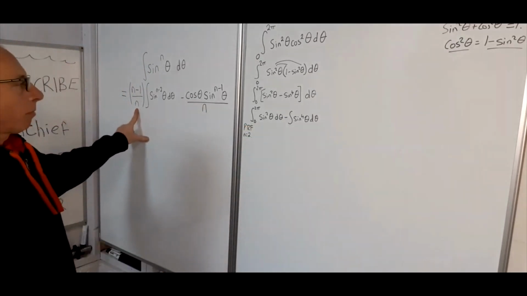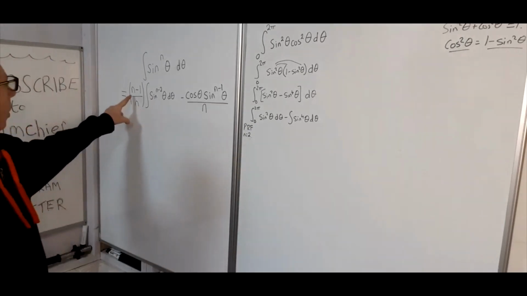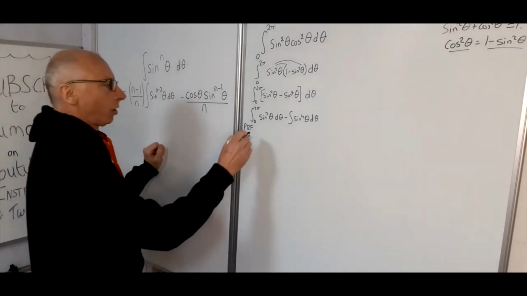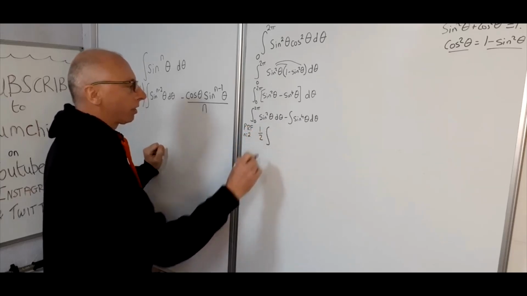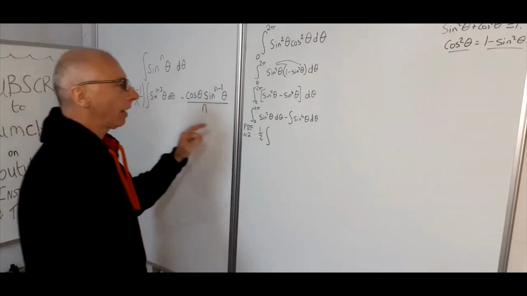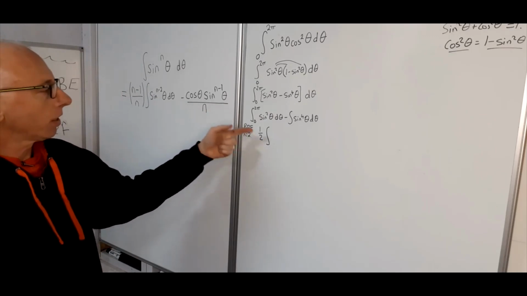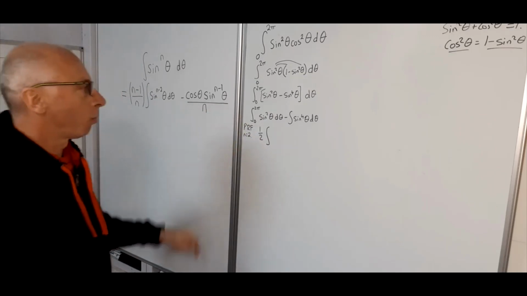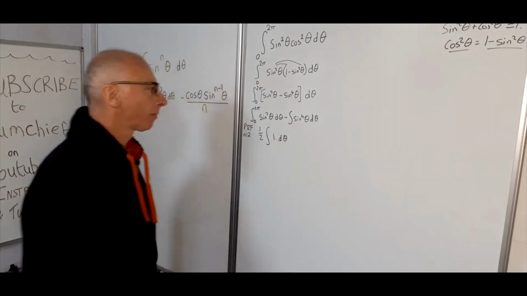So that gives us n minus 1 over n. So for n equals 2, we've basically got 1/2, and then an integral of sine of n minus 2. Well, n minus 2 is 0. So sine to the power of 0 will just become 1, and that's d theta.